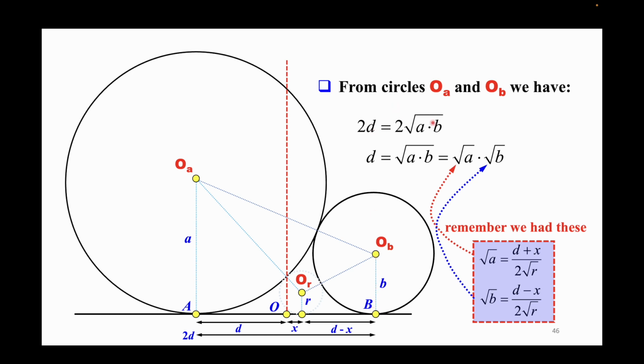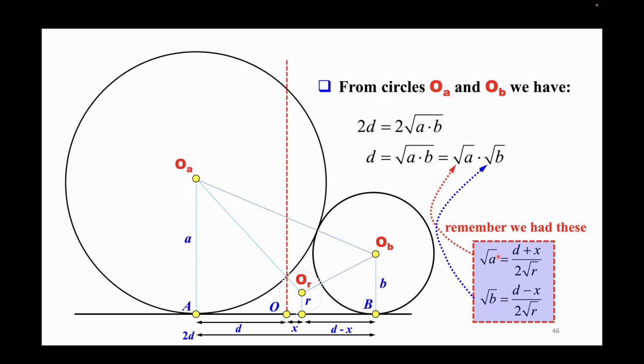So we have this. Now, D is equal to the square root of A times B, which is also equal to the square root of A multiplied by the square root of B. We have learned the square root of A here and the square root of B here on the previous slide.